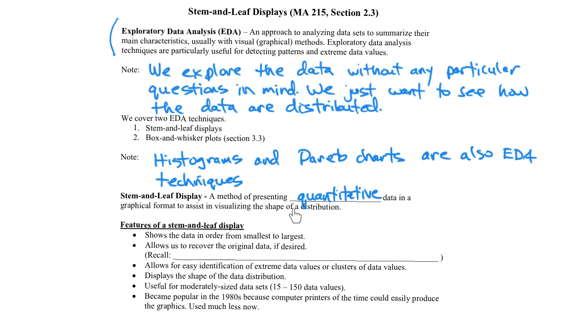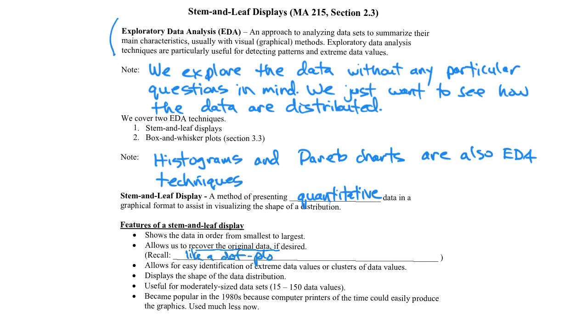So for a stem and leaf display, we need quantitative data. And here are some of the features. It shows the data in order from smallest to largest. It allows us to recover the original data if desired. That's kind of an important part. We can recover the original data, and that is like a dot plot.